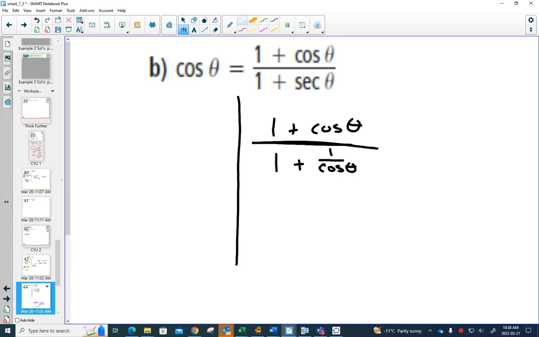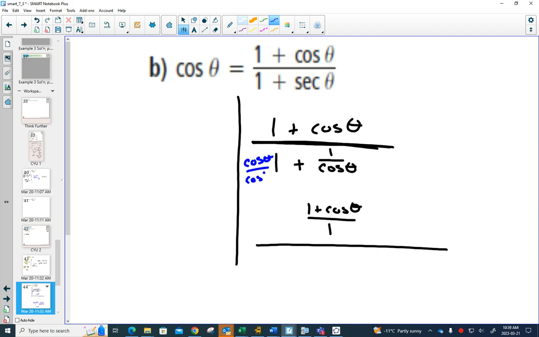So sometimes I really make a point of making the main fraction line thicker or longer. Can you see that the top you could make as a single fraction if you made it over 1? So top was easy to get as a single fraction. For our denominator on the bottom, I'm going to have to multiply this 1 by cos theta over cos theta to get a common denominator.